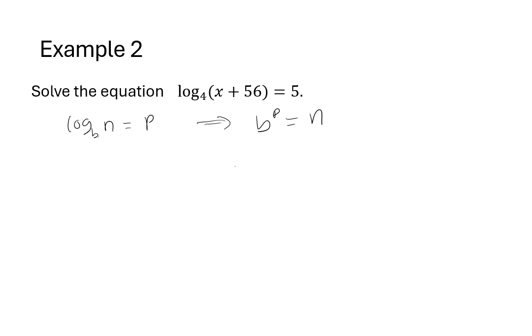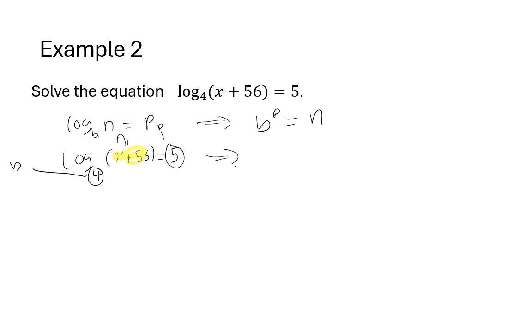So let's look at our problem. We have log of x plus 56 equal 5 base 4. So if you look here, this is our base b, this is our n, let me highlight it, and this is our power, this is our p.